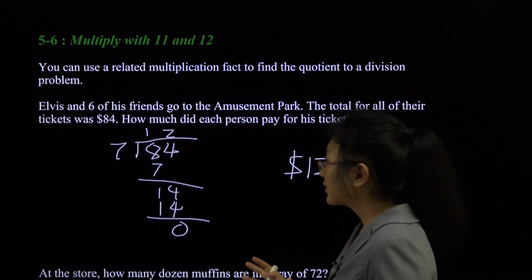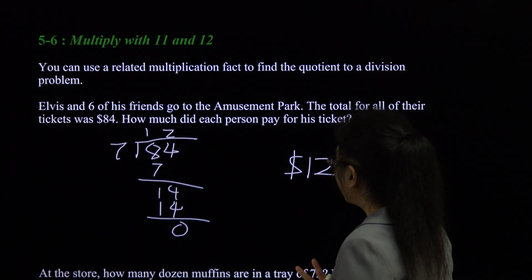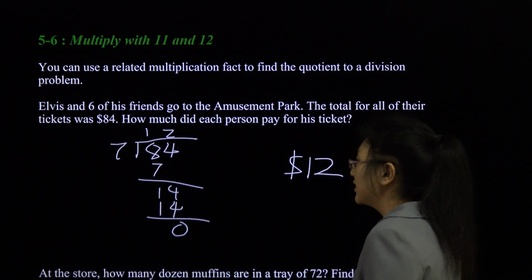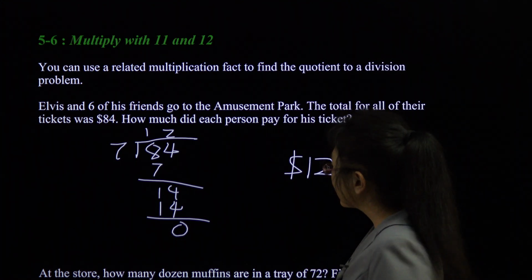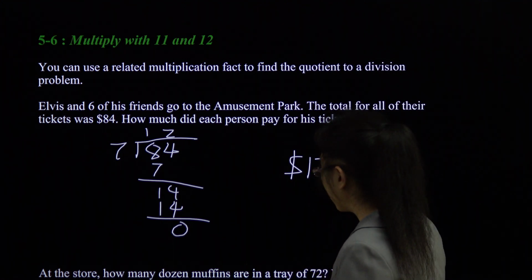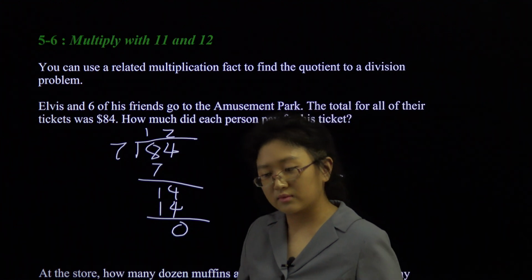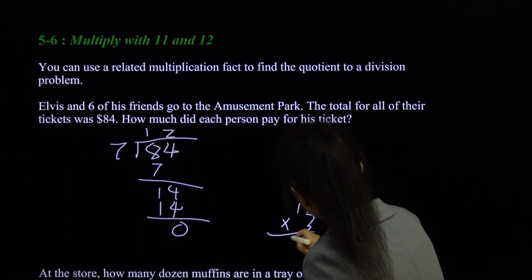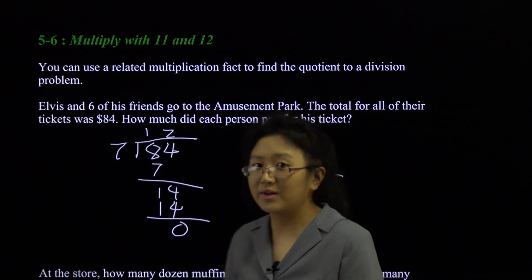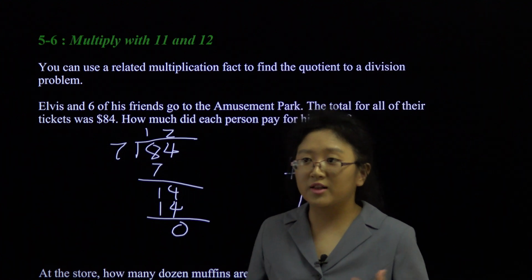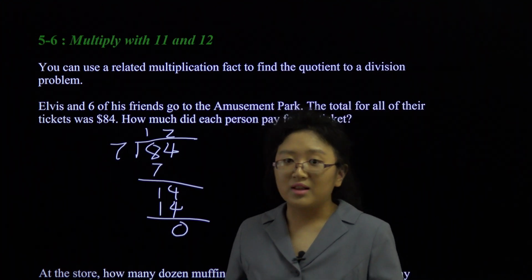Here's the thing. For 12, the multiplication is slightly more difficult to remember. But for 11, it's just, say, 3 times 11 is 33. 4 times 11 would be 44. 5 times 11, 55. 6 times 11, 66. 7 times 11, 77.